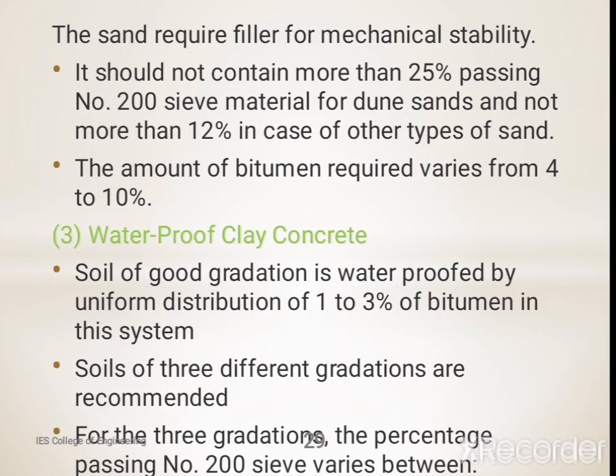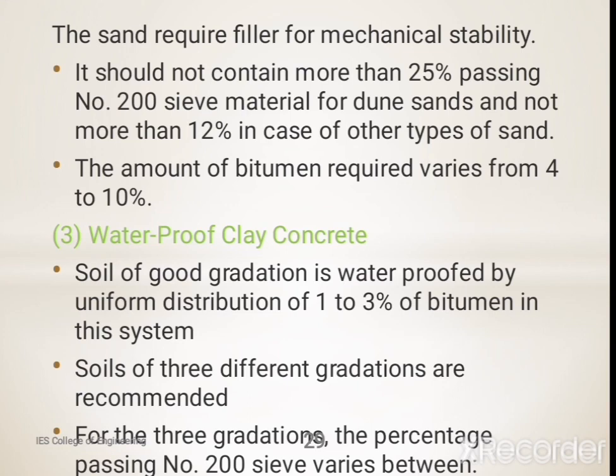It should not contain more than 25% passing number 200 sieve material for dune sands and not more than 12% in case of other types of sand. Number 200 means 0.074 mm. The amount of bitumen required varies from 4 to 10%.